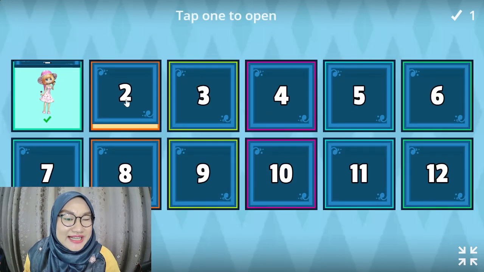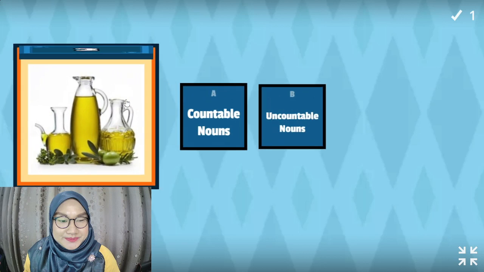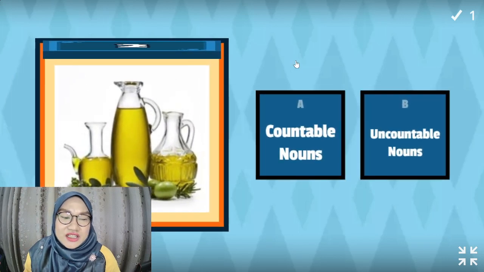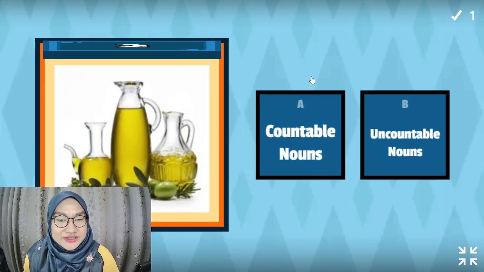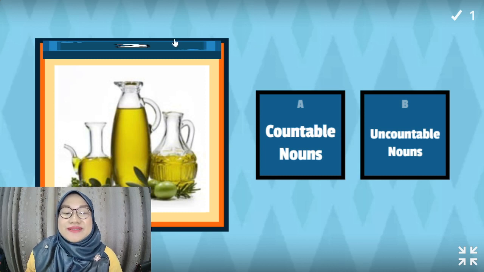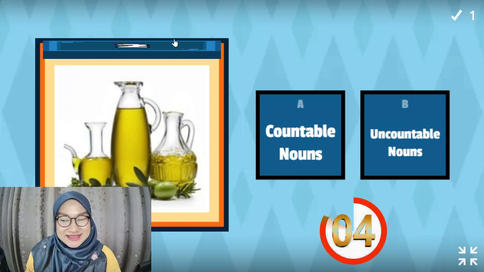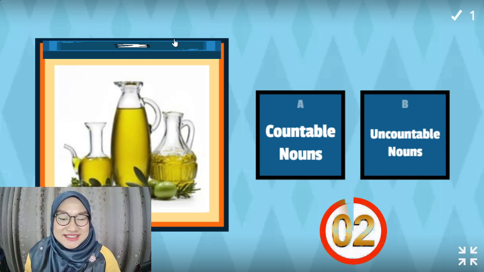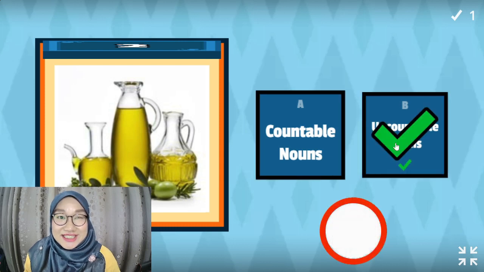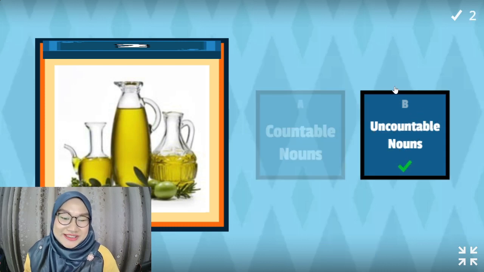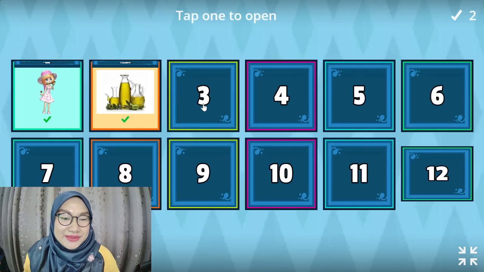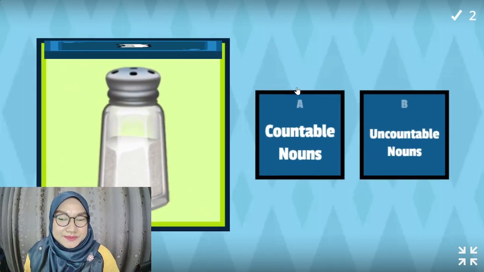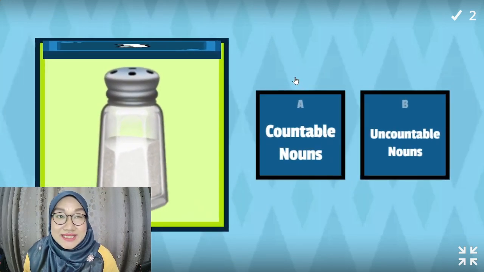Next one, let's try number 2. Oil. So is it countable or uncountable? Uncountable. Good job. Number 3. Salt. What do you think? Countable or uncountable?